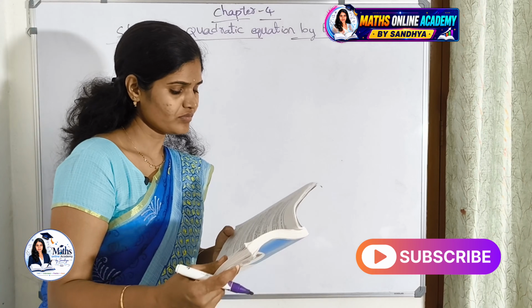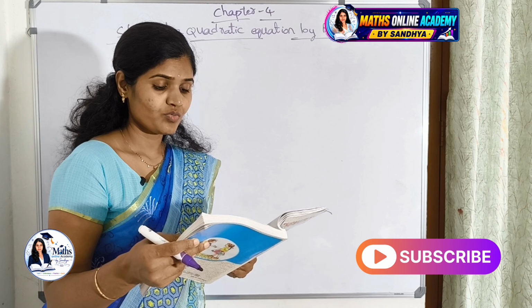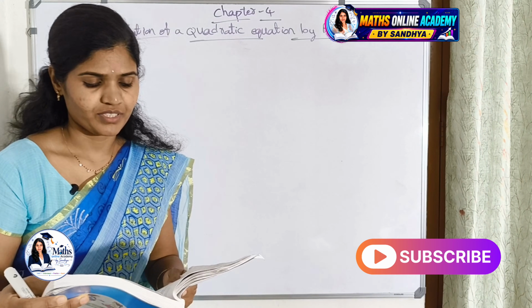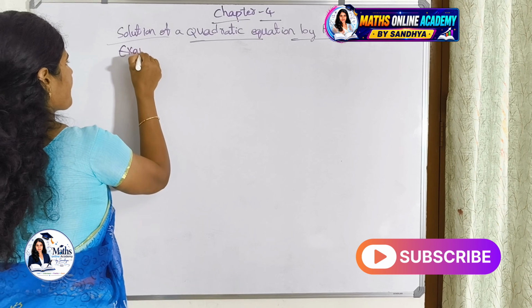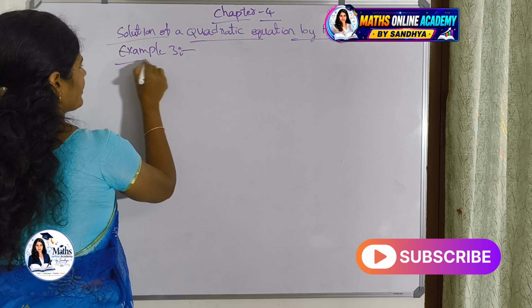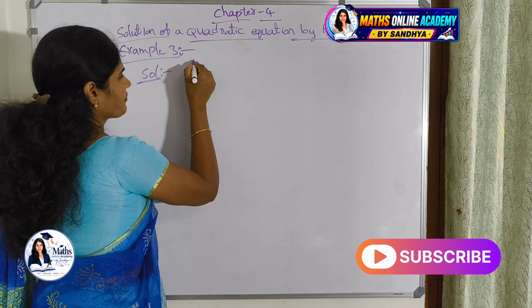Example 3. Find the roots of the equation 2x square minus 5x plus 3 equal to 0 by factorization method. Solution.